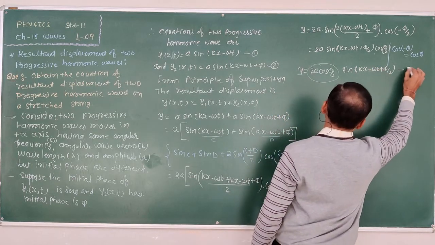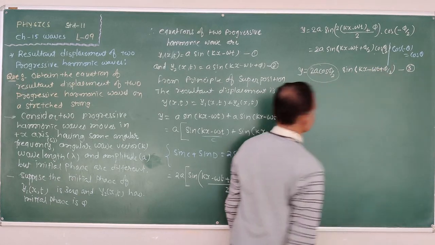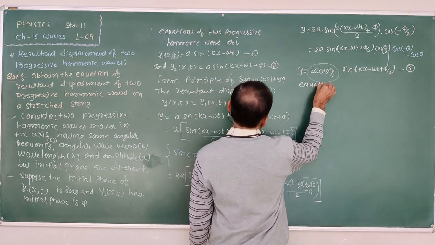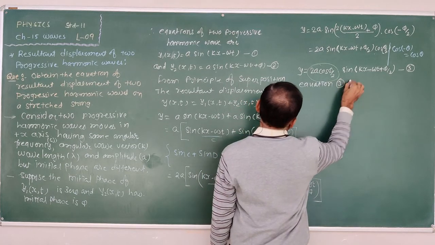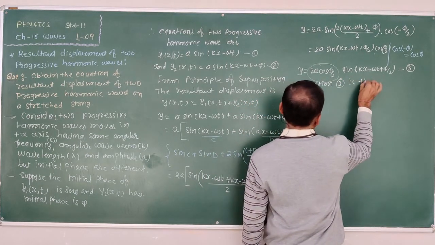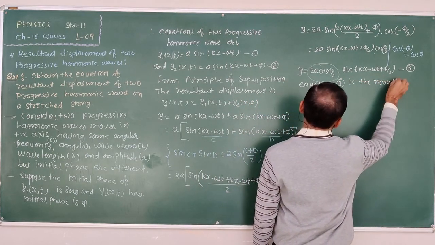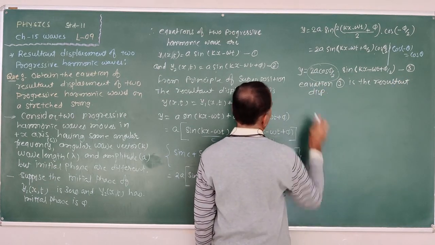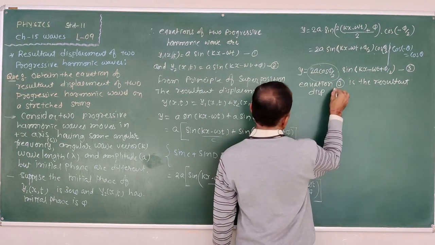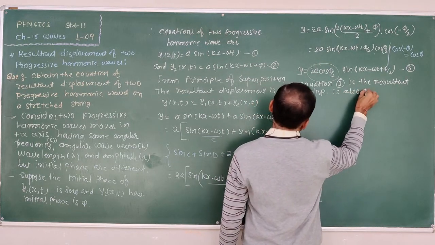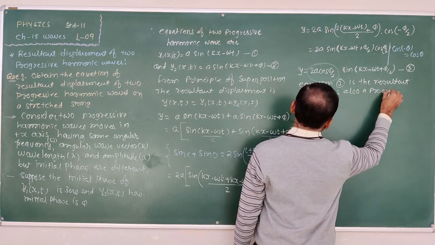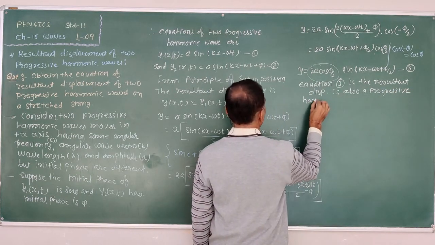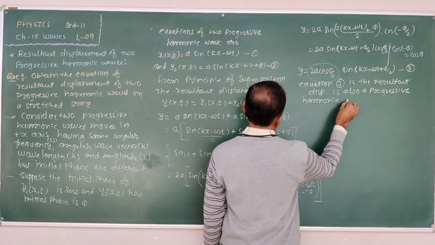That is our equation 3. Equation 3, the resultant displacement, is also a progressive harmonic wave.